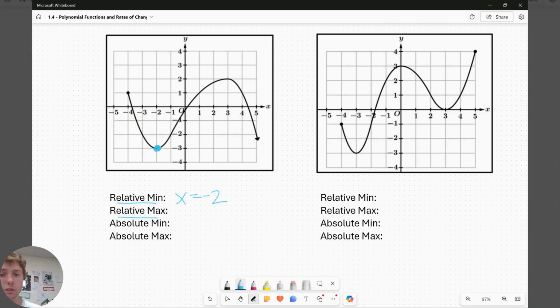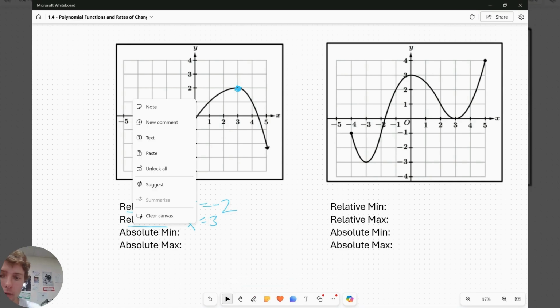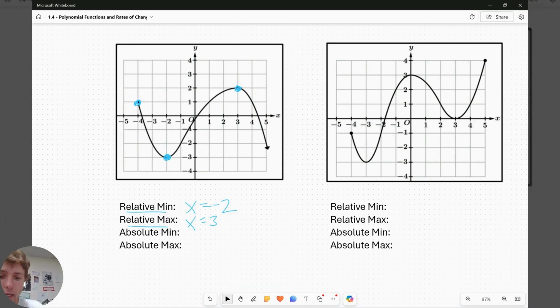Relative max, find those spots where it goes from increasing to decreasing, right? It turns around at the top. That would be up here. That's at the x value of 3. But okay, we also said we had an endpoint over here. That endpoint does get included. So there is another relative maximum at x equals -4.